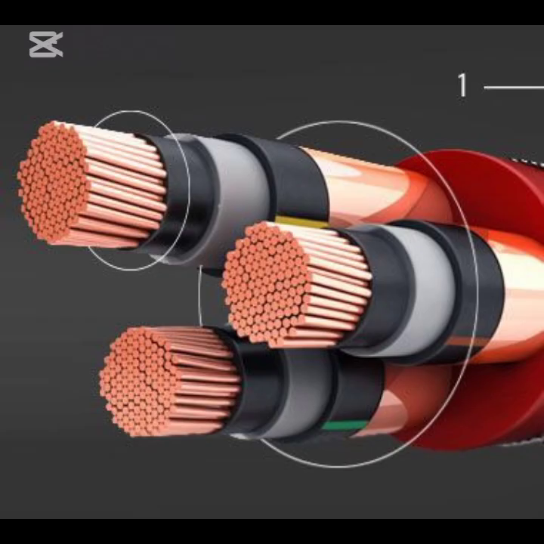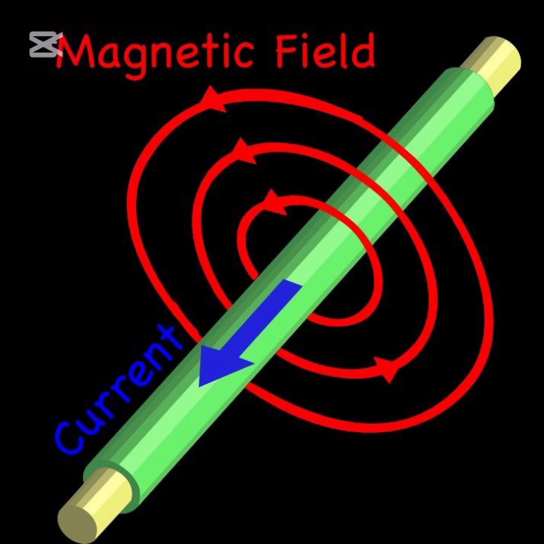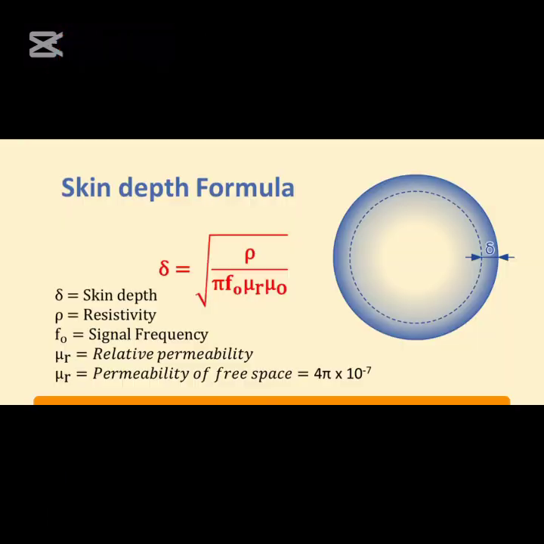A higher conductivity reduces resistance, making it easier for eddy currents to form. Therefore, as conductivity increases, skin depth decreases. 3. Conductor's permeability. The higher permeability leads to stronger magnetic flux linkage and more intense eddy currents. As permeability increases, skin depth decreases.